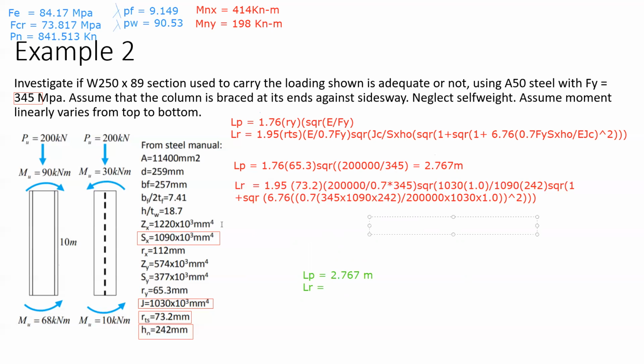So, we have LR here is equal to 0.7 times 345 times 1090 times 242 divided by 200,000 times 1030 times 1.0 tapos i-square natin to. Ilan yung value?